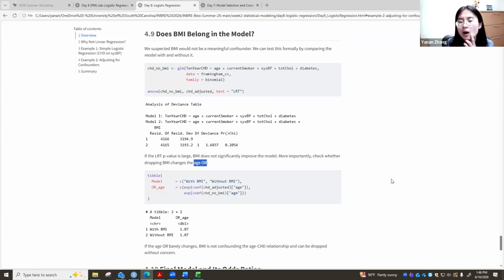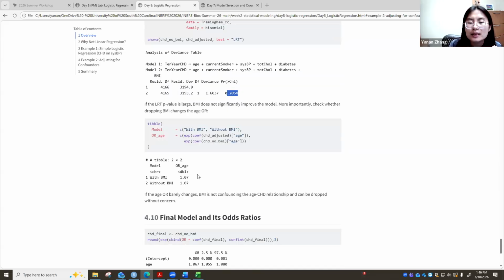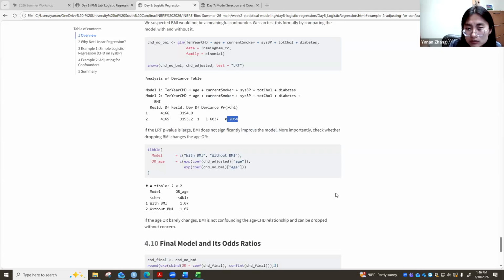Suppose the likelihood ratio test suggests no big difference, but we do find a big change in terms of odds ratio. Do you think we should keep BMI in our model? I would say yes, we should consider that.